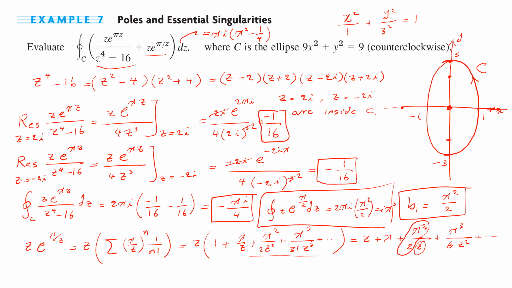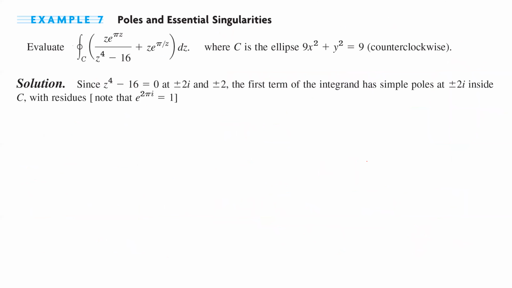Any other questions? All right. So these are good examples. These are from the book. So the book solution is this: since z to the 4th minus 16 equals 0, we get plus minus 2i and plus minus 2.